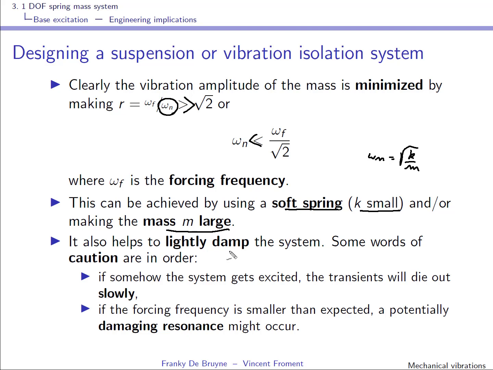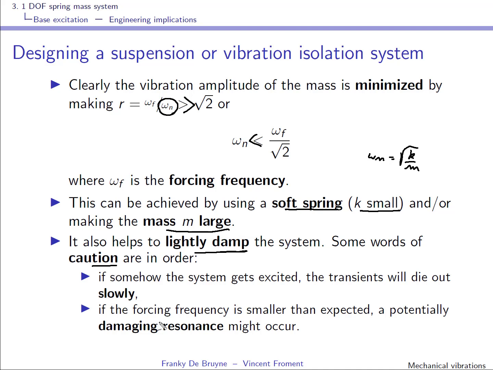We've seen that it also helps to lightly damp the system, but a word of caution is in order. If the system gets excited and it's lightly damped, the transients will die out slowly. Also, if the forcing frequency turns out to be smaller than expected, you might have a damaging resonance.